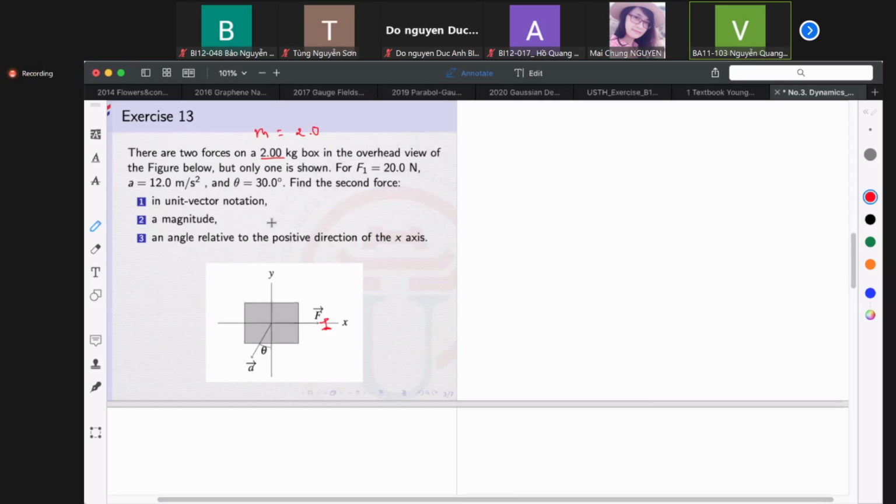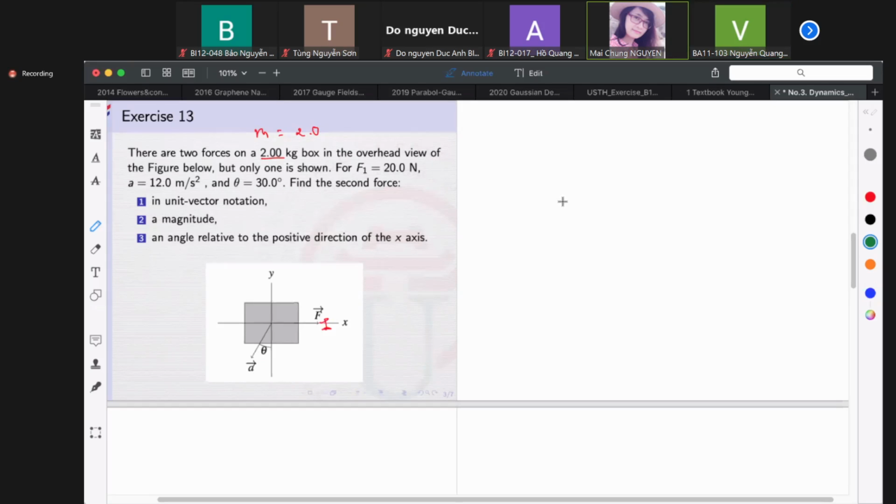Yes. So Vinh, where is the F net? F net has the same direction as the acceleration. Why do we know? Because the total force acts on the object and makes the object move in its direction.